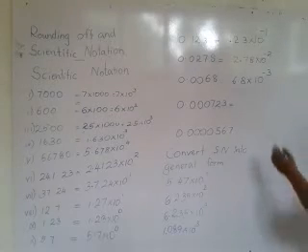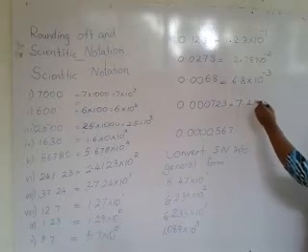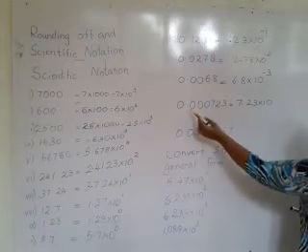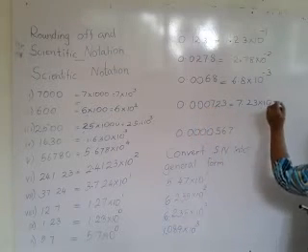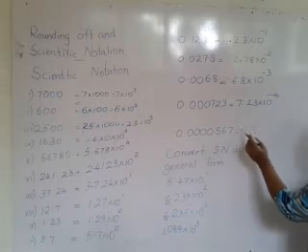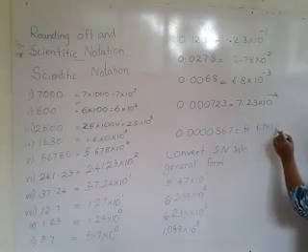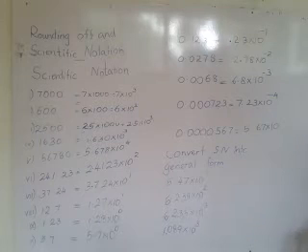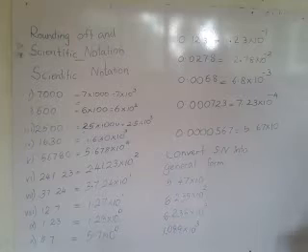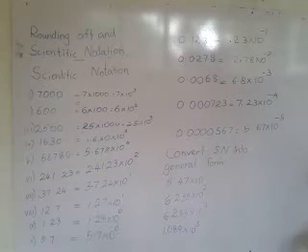The other question. 7.23 into 10 power of, moving the decimal to here, 1, 2, 3, 4. 10 power of minus 4. Then 6.67 into 10 power of, can you tell me how many times? 10 power of minus 5. Yes, correct.